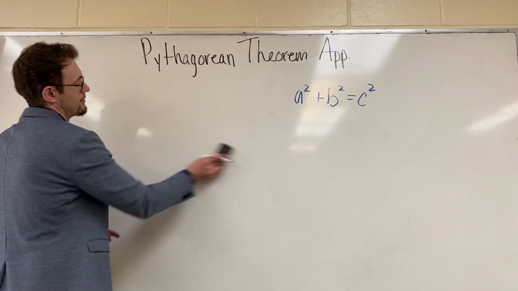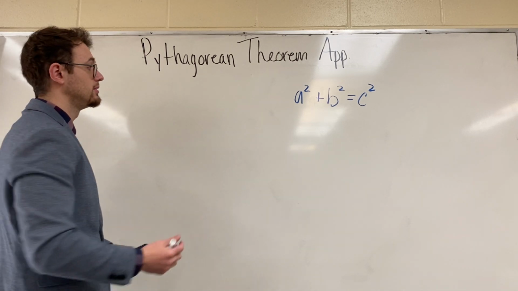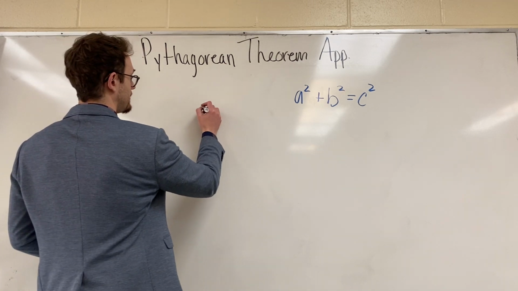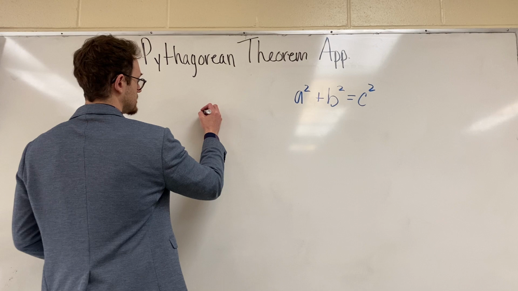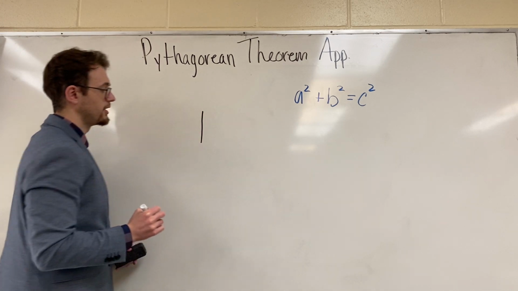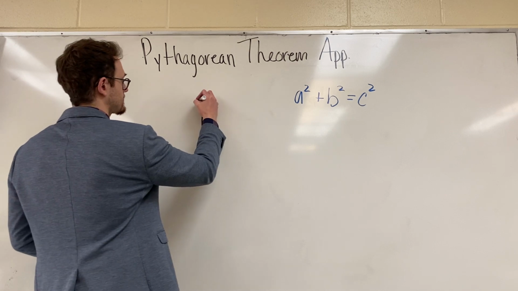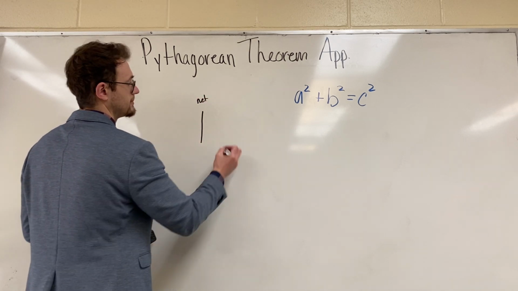I just thought of another one. You could do volleyball, all right? I'm gonna do a failed attempt at volleyball, but let's pretend that's the volleyball net, right? We're dreaming here, that's the net. Put it in there, we got the net.